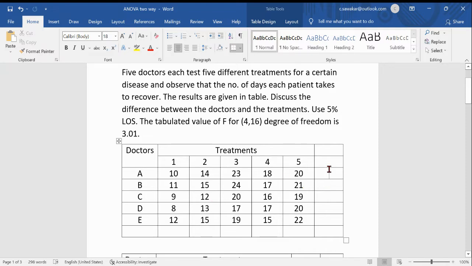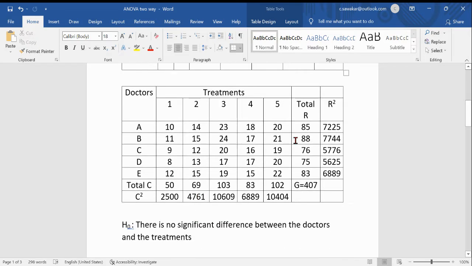Similarly, all these are five values. And here, 10 plus 11 plus 9 plus 8 plus 12 will give me my C1 value, that is the total of column 1, which comes to 50. Similarly we have formed this table. The sum of these values comes out to be 69, and these come out to be 103.